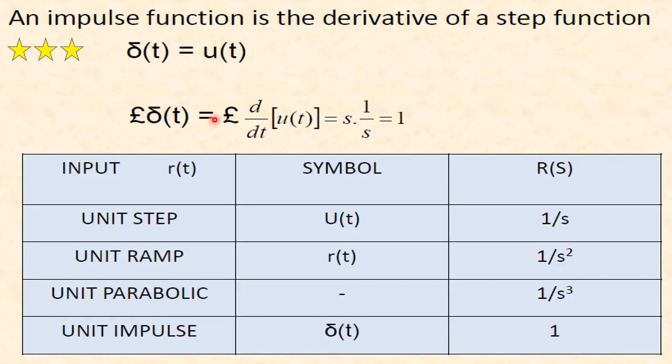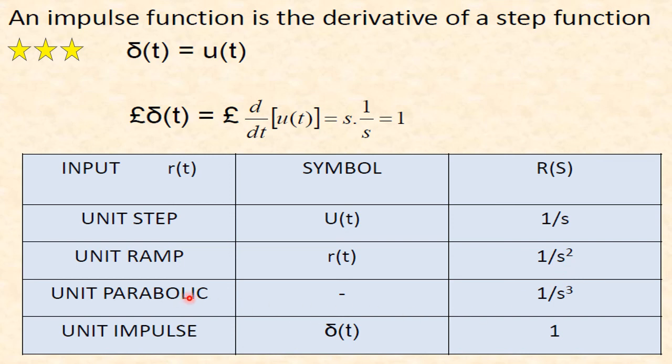Now this is a very important summary of all the test signals. So we have unit step signal that is represented by u of t, and the Laplace transform of it we got 1 by s. Next is unit ramp function, that is symbol is r of t, and we got 1 by s square.